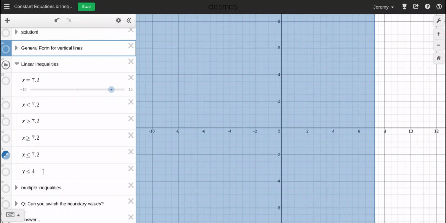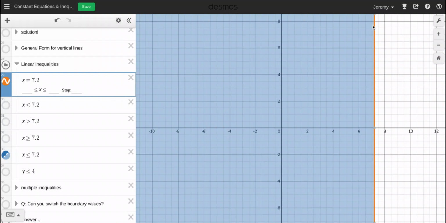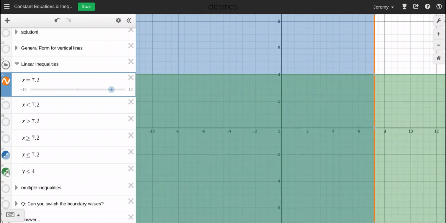Okay, now what if it was y is less than or equal to 4? Well, x equals lines like this one have a vertical boundary line. So y equals something is going to be a horizontal boundary line. Let me turn these off.